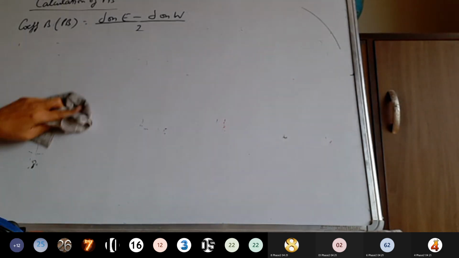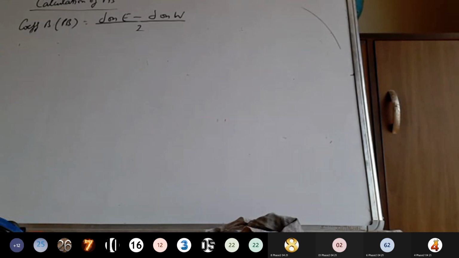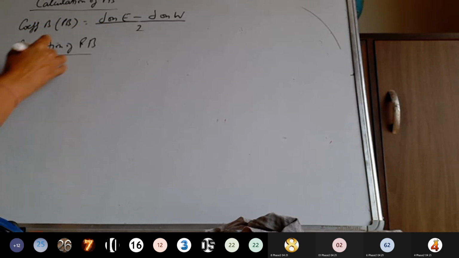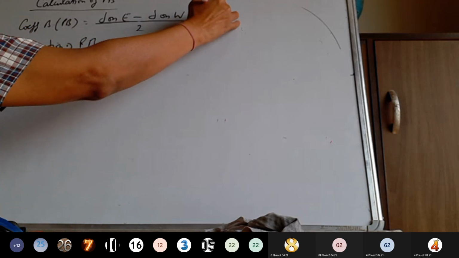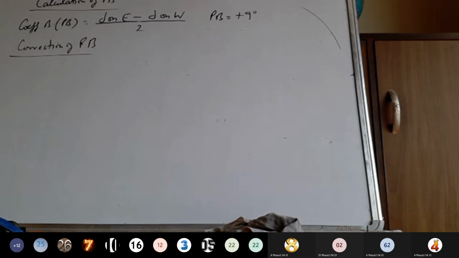So once we get the value of PV, then the next thing will be correction of PV. How do we correct PV? Let us say PB का value, corrected value we got as PB is equal to plus 9. Plus 9 means, is it being caused by force plus P or minus P?